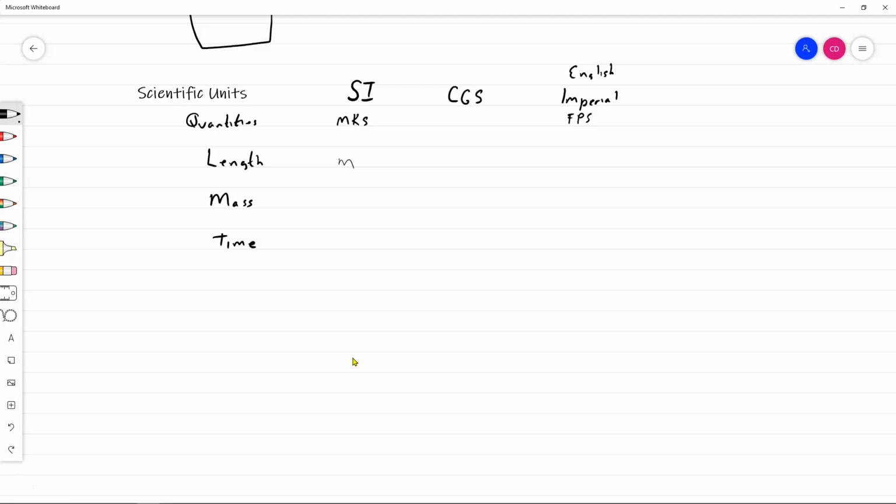Sometimes we'll put a bar over a symbol to show it's lowercase just for clarity. We'll use the bar for other things as well. But the fundamental unit of length in the SI system is a meter. In the CGS system, it's a centimeter. And in the English or imperial system, it's the foot. You'll notice those are the first letters of the 3-letter codes also.